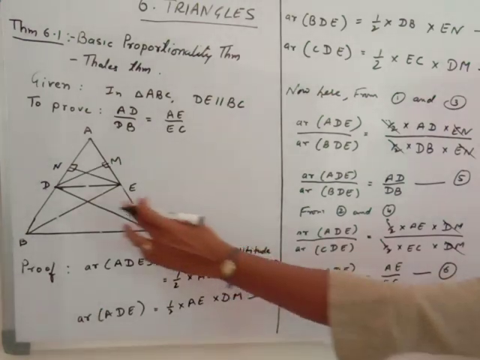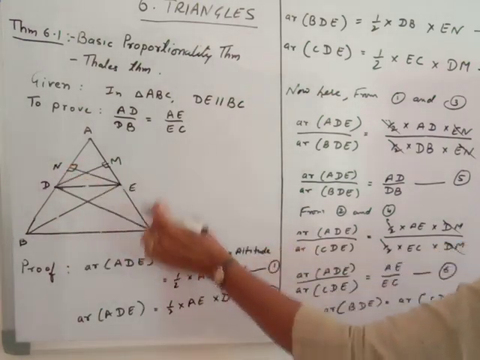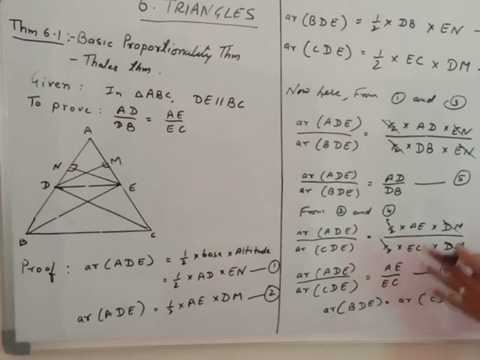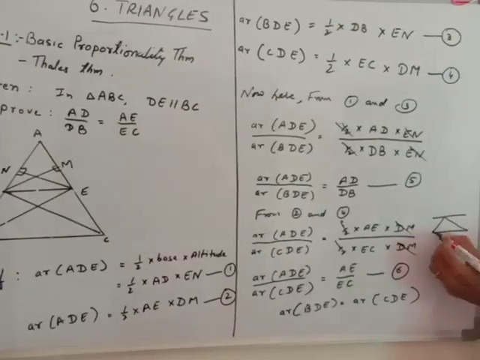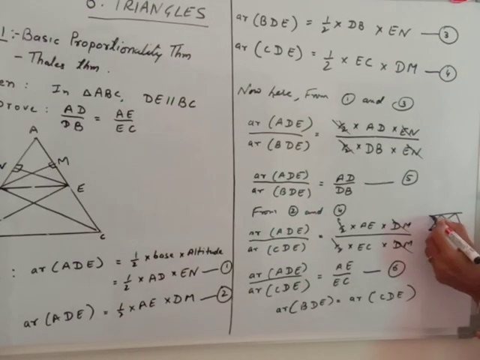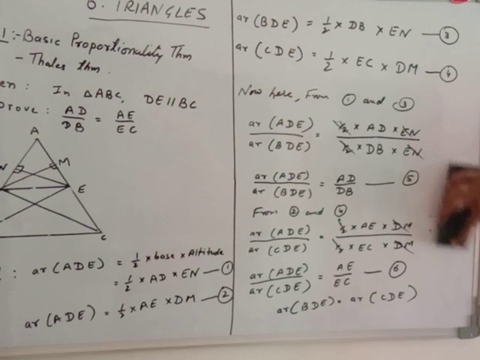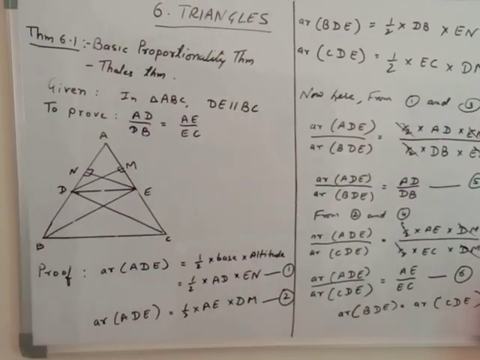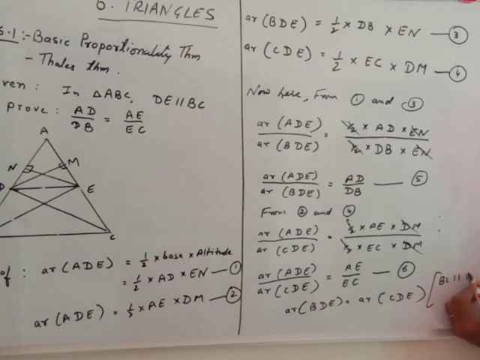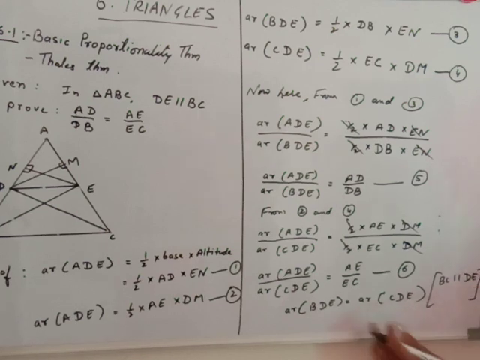Because these two, BDE and CDE, lie between the same parallel lines. In 9th standard you had learned, suppose there are two parallel lines and I am making many triangles, all these triangles will have the same area. We had done this in 9th standard. The area of triangles lying between two parallel lines is always the same. So here BC is parallel to DE. Therefore, the area of these two triangles is the same.